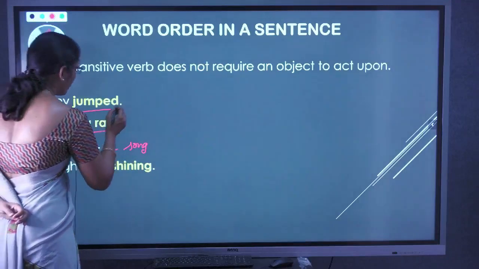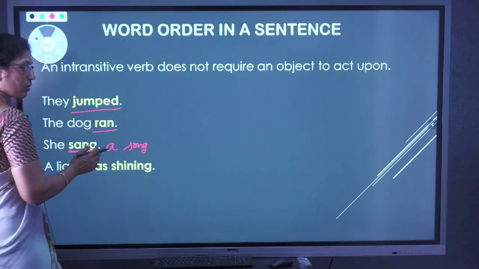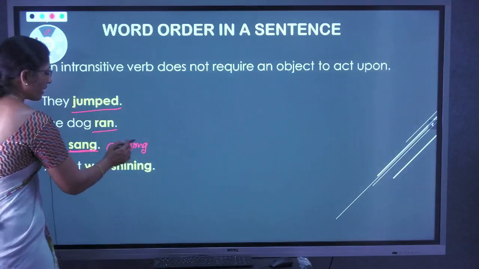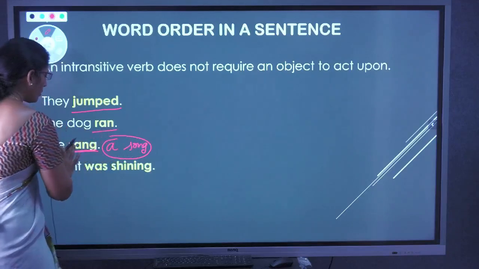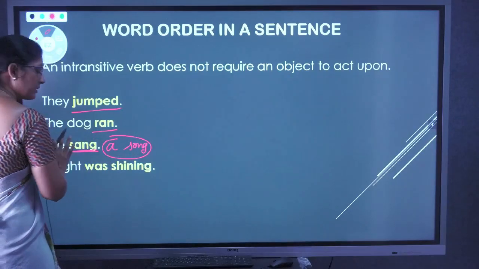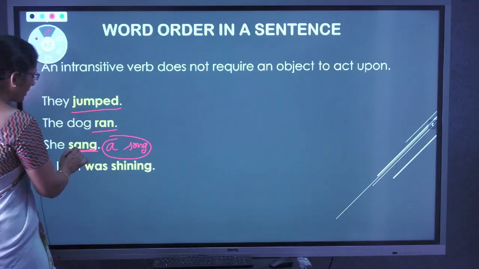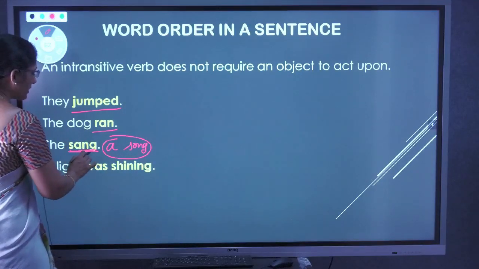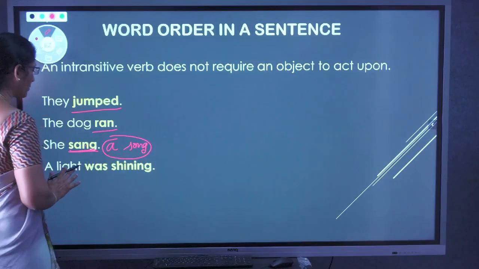Okay. If you take this example, she sang a song. What did she sing? Then you will get some answer, a song. But without an object also, it is giving sense. She sang, that's all. So that's why it is acting in both ways. Here, if you make a sentence, she sang, it is correct without an object also.